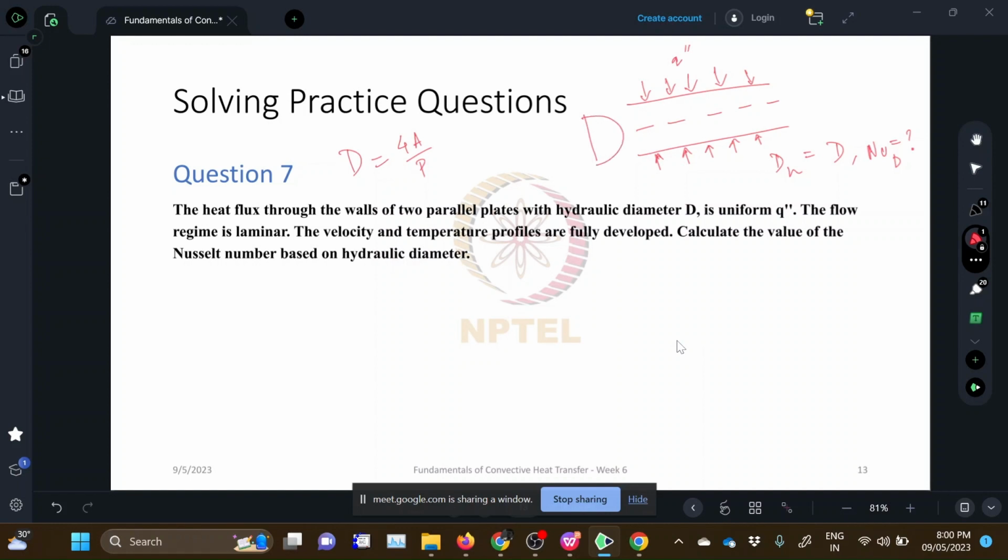So the flow profile is parabolic, and the thermal profile is also fully developed. Arrow won't be there, sorry. This is the temperature profile, this is the velocity profile.